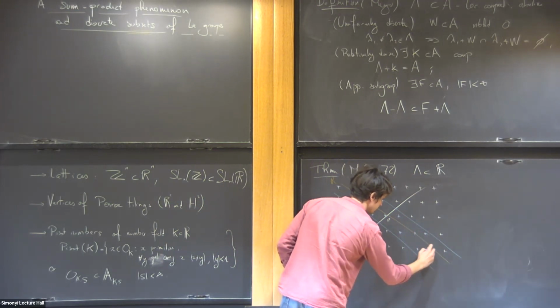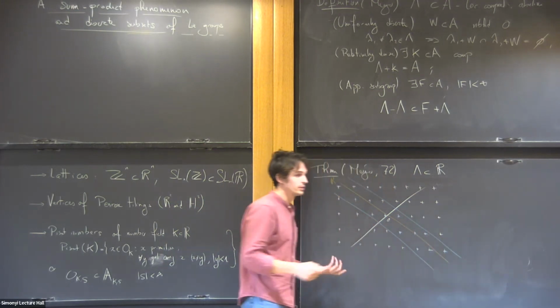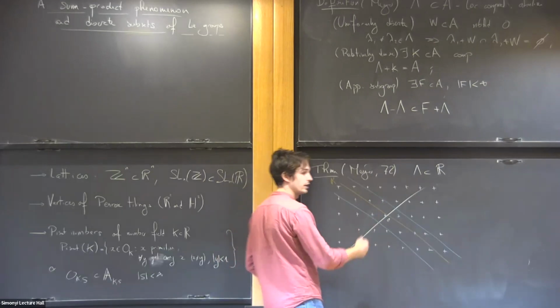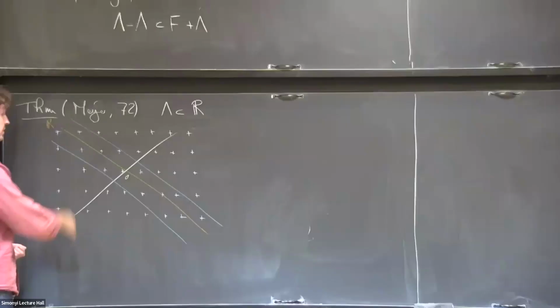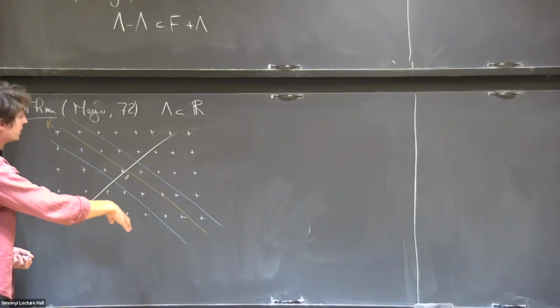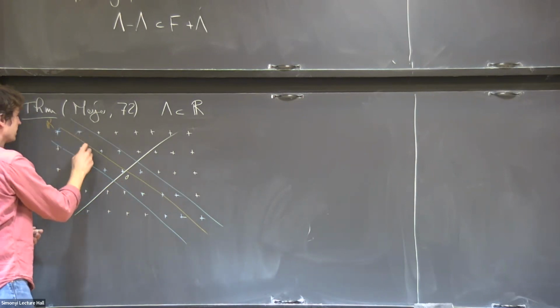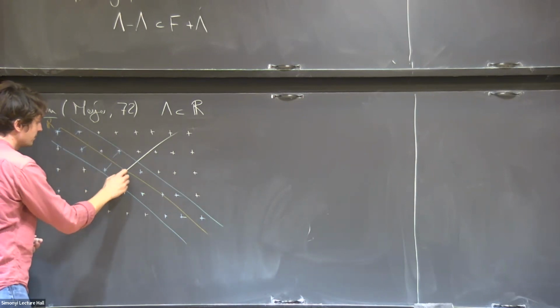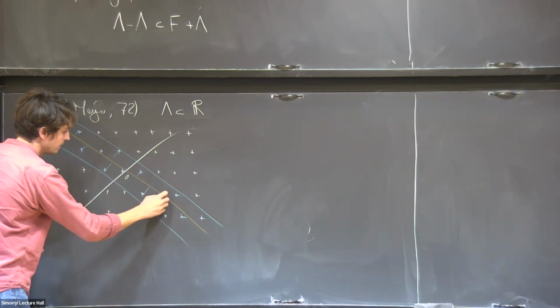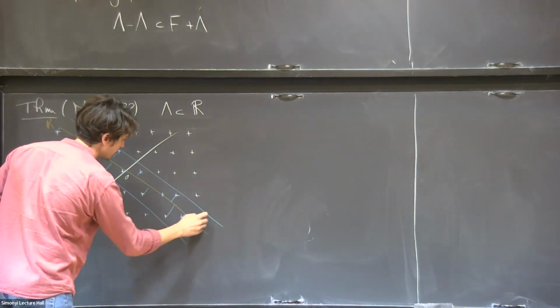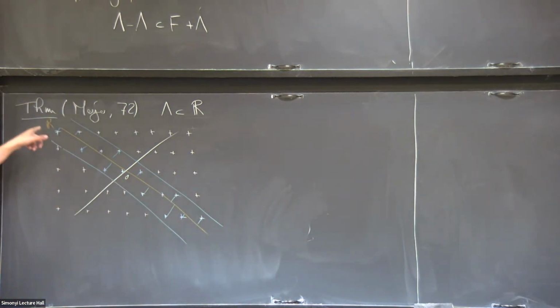And what do you do with them? Well, you have a transverse line, so you can just project them on this orange line, and you get like that. As you can see, a nice uniformly discrete subset of my line R, and you can see that it's in fact a Meyer set.